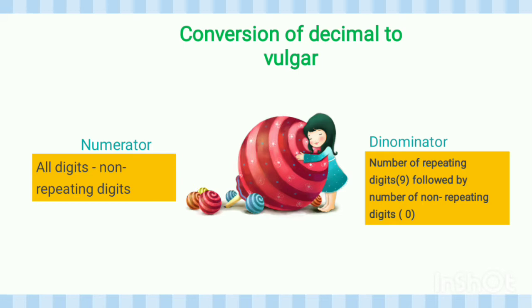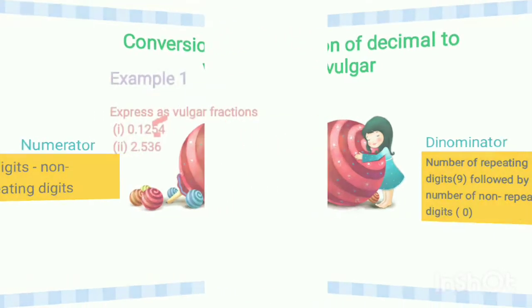How to form the denominator? The denominator is a number formed by 9s and zeros. The number of 9s equals the number of repeating digits, followed by as many zeros as the number of non-repeating digits. Are you all clear? Let's solve an example problem.